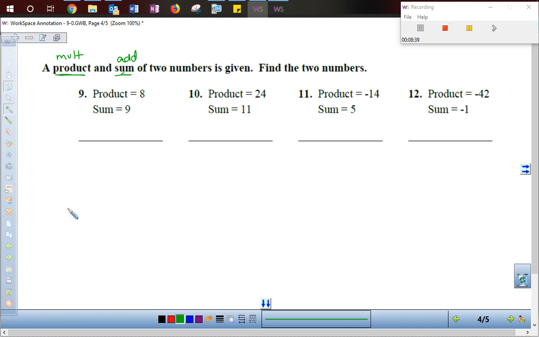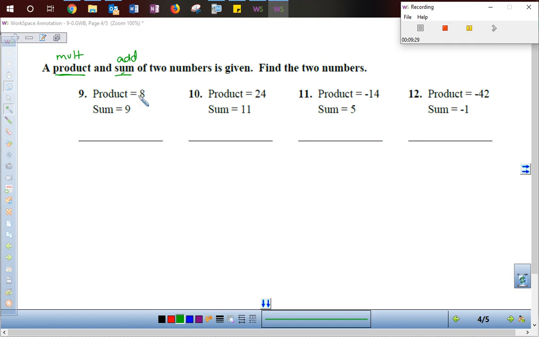Wow, goodness, -12 and 21. But since there's no end to how many numbers you could add together to get 9, let's look at the other one. What if we talk about the product? To find all the numbers that multiply together to be 8, there is a finite list, which means we just did that on the top.